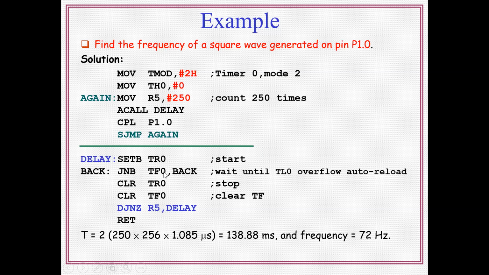If that overflow happens, then automatically clear TR0 to stop the timer, and clear the TF0 flag. And next, DJNZ R5, DELAY. R5 is already 250, 250 minus 1. Here assume that 250 is a decimal value. In that case, we are not given hexadecimal representation here, so it is treated as 250 in decimal.